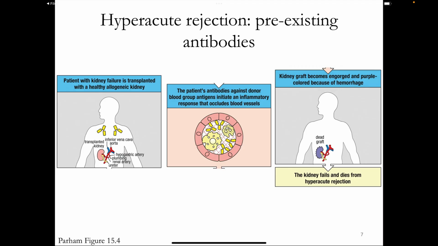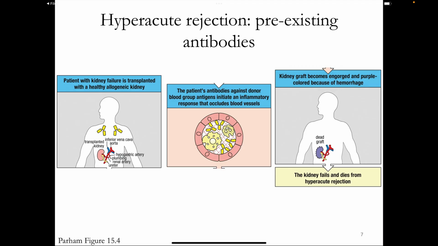So naturally, if you are a type O person, you are going to make a ton of anti-A and anti-B antibodies by responding to the bacteria in your GI tract. And so you have these pre-existing antibodies to these different antigens that are on other people's cells already because of this process.